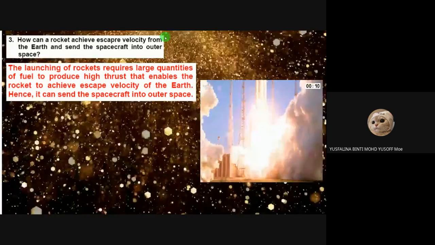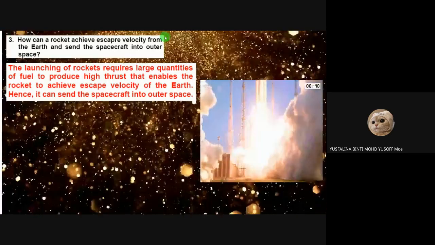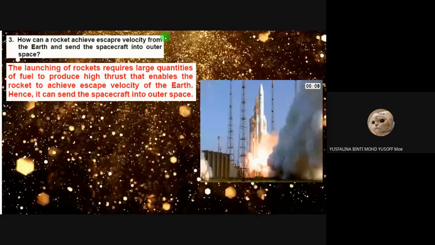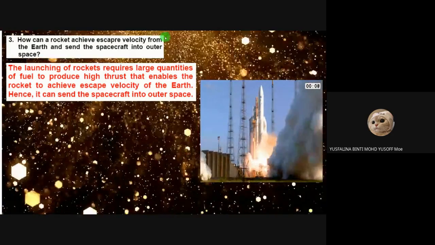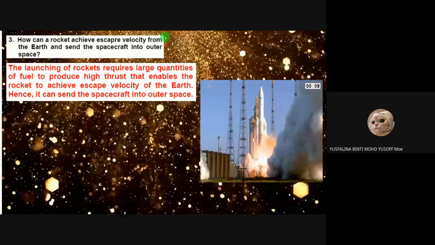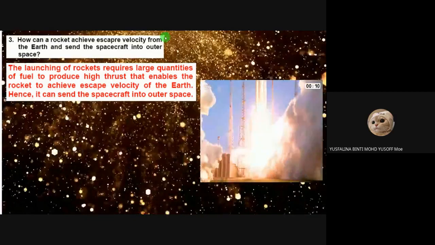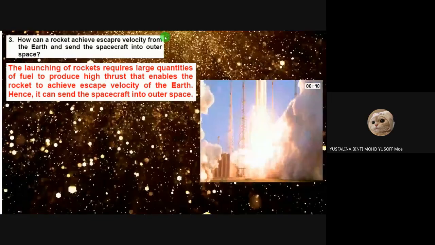Hence it can send the spacecraft into outer space. So if you launch any object below the escape velocity of 11,200, it will not enter outer space. It will still stay in our atmosphere.